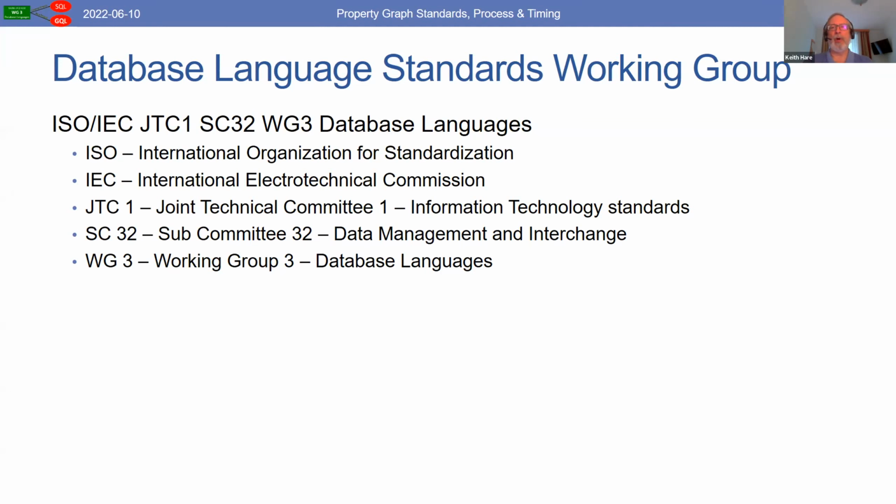Under JTC1 is Subcommittee 32, which is responsible for a number of standards around data management and interchange. Within SC32 is Working Group 3, which is responsible for the database languages standards. Historically, this was SQL. In recent years, it is also the property graph database language, GQL.